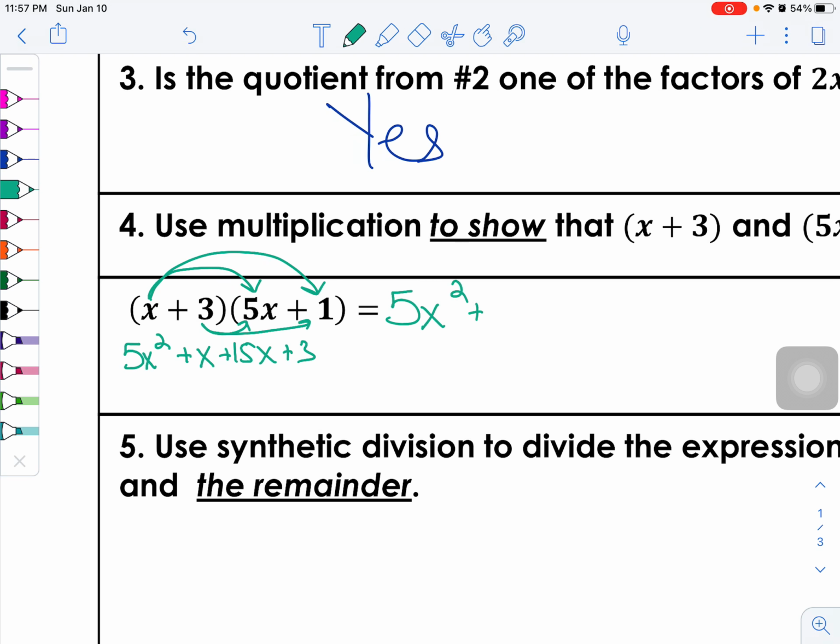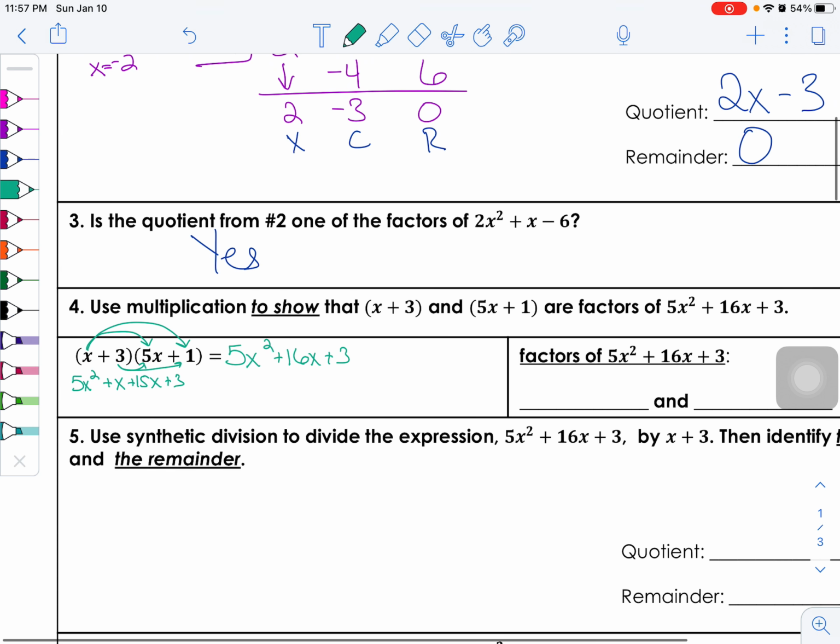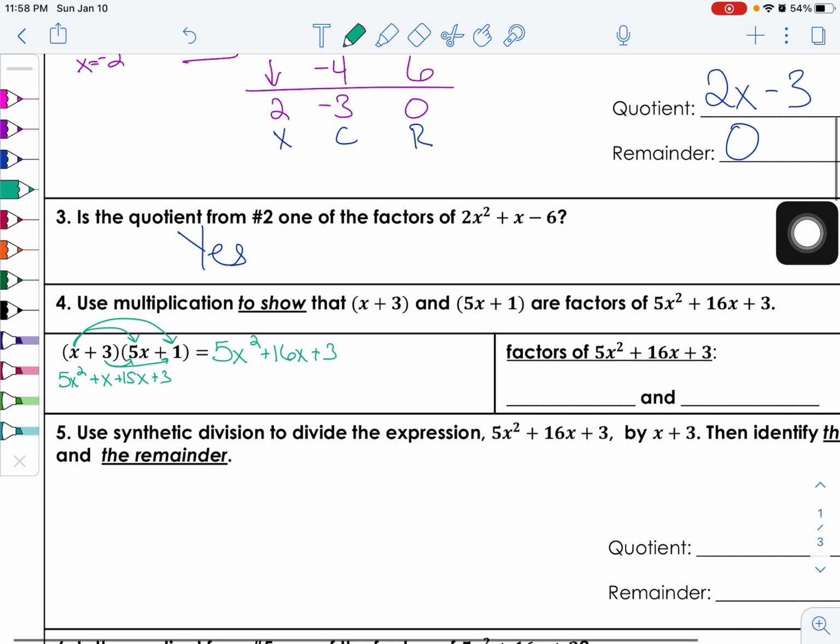So I'm going to combine some like terms and then write my answer out. So 5x squared plus 16x plus 3. We were looking for 5x squared plus 16x plus 3. All right, so we're good, which means that my factors are x plus 3 and 5x plus 1.